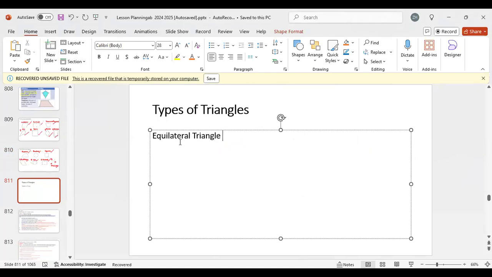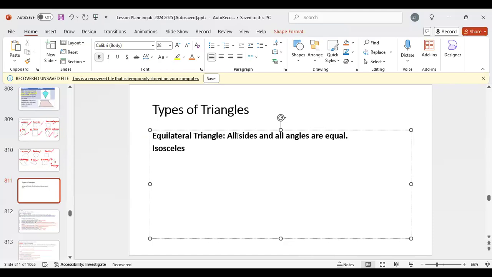Write this down in your book. For the equilateral triangle, all sides and all angles are equal. Number 2, we have the isosceles triangle.